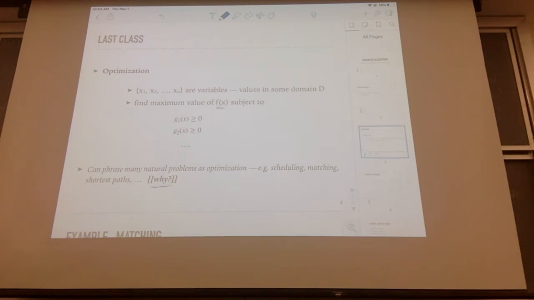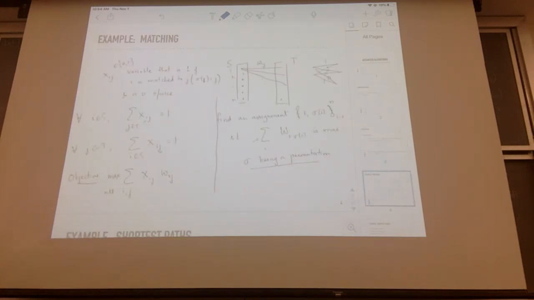Let me just recall the matching example. This is just the slide from last time. In the matching problem, you have two sets, S and T, and you want to find an assignment of every vertex I to some sigma of I in T, and sigma should be a permutation.